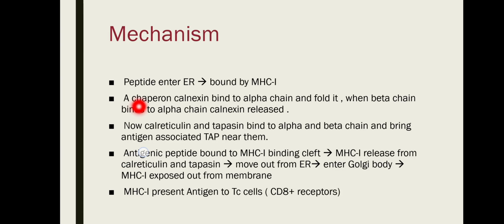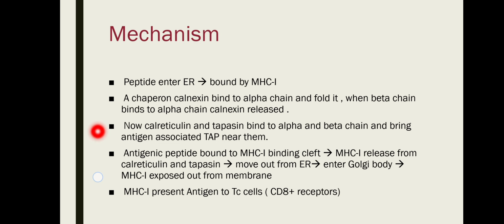There is a chaperone known as calnexin which binds to the alpha chain and folds it to its active form. The alpha chain of the MHC-I molecule is made in the endoplasmic reticulum. Calnexin binds to the alpha chain and folds it to its functional form. After that, the beta chain binds to the alpha chain and calnexin is released.